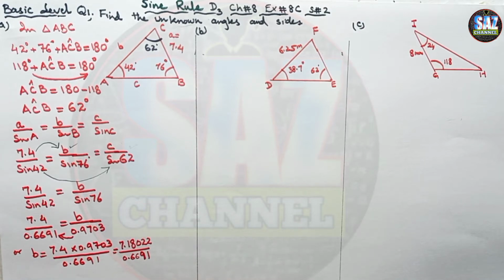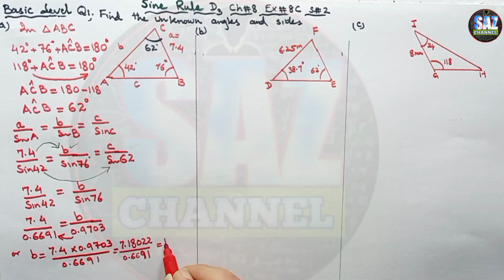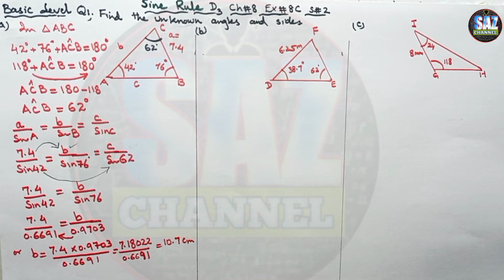Now divide this value by 0.6691, and I get 10.73, or 10.7 centimetres to three significant figures. Let me box this answer.